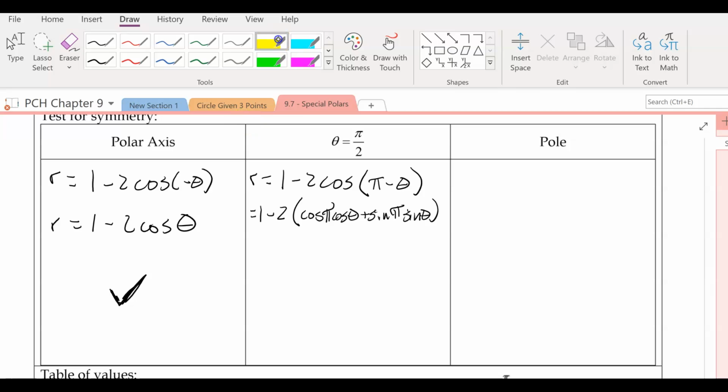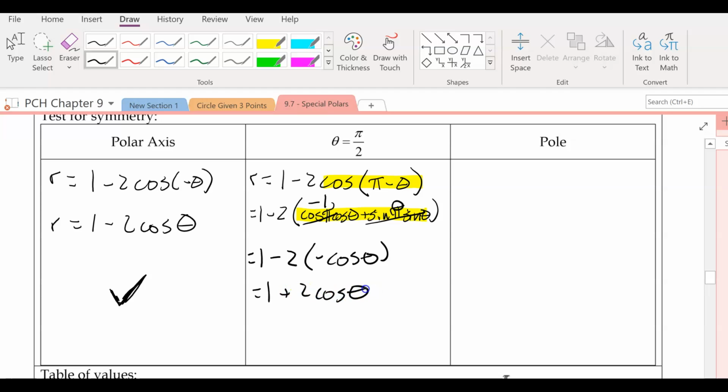Again, we're just using our difference formula for cosine. Sine of pi is 0, so this whole term is 0, and the cosine of pi is negative 1. So this becomes 1 minus 2 times negative cosine theta, which is equal to 1 plus 2 cosine theta, which is not equivalent to the original one, so this one does not work.